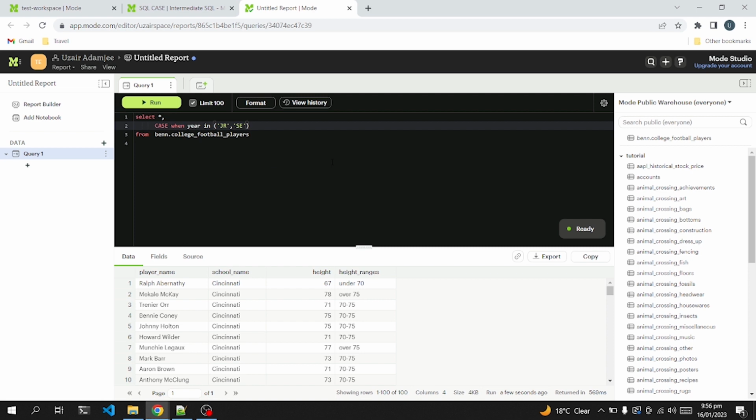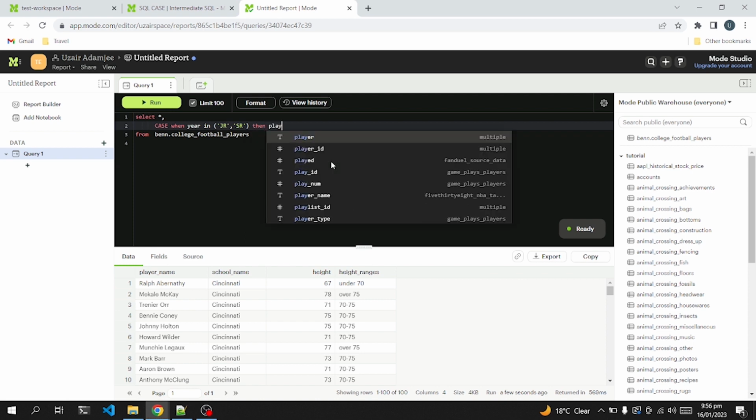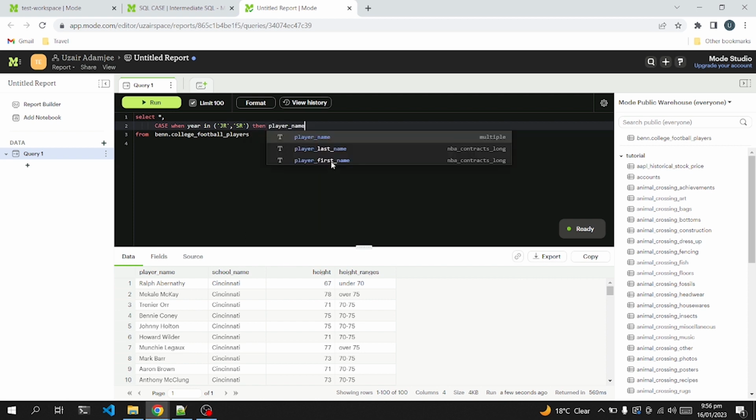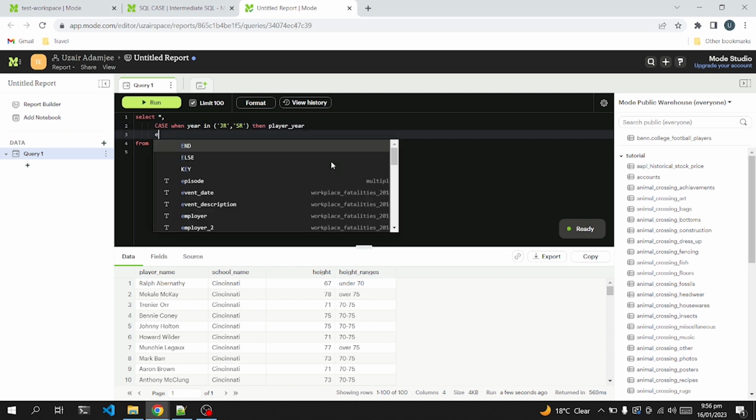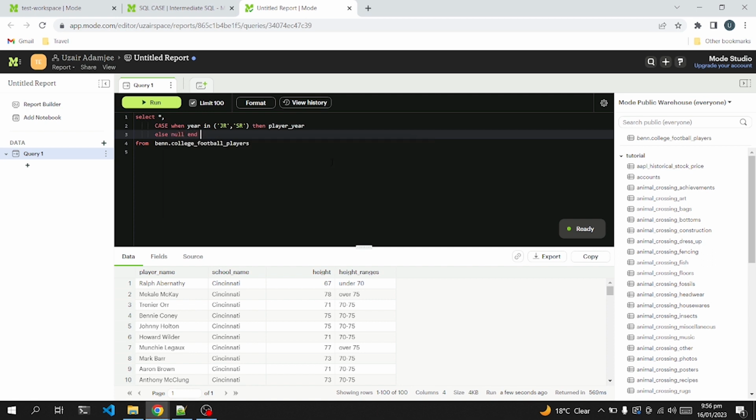JR, say SR, which means senior, then player name, year, else null, and as player class.